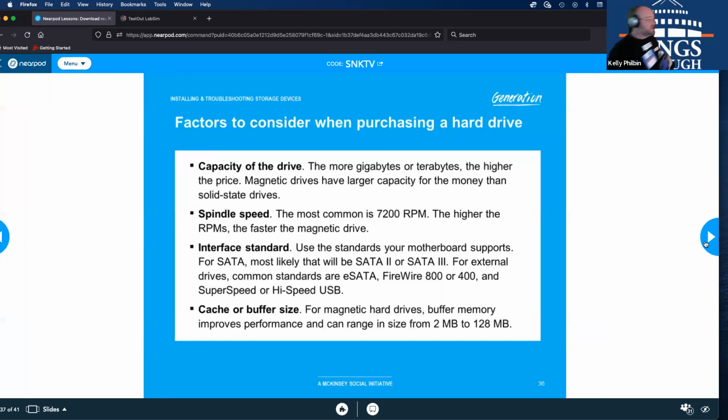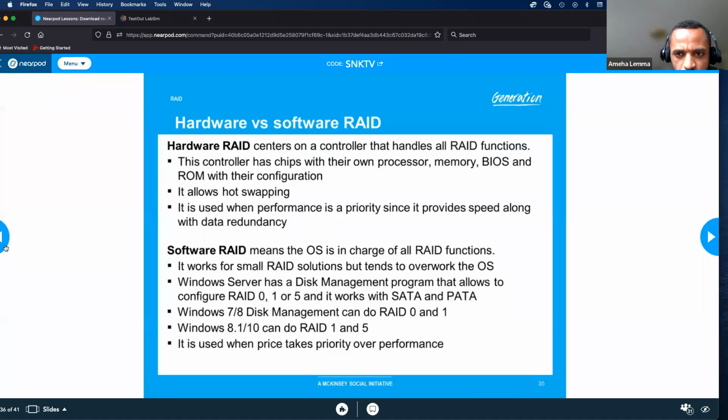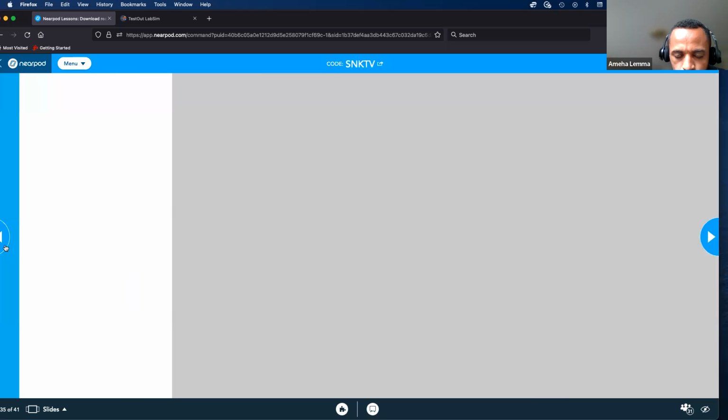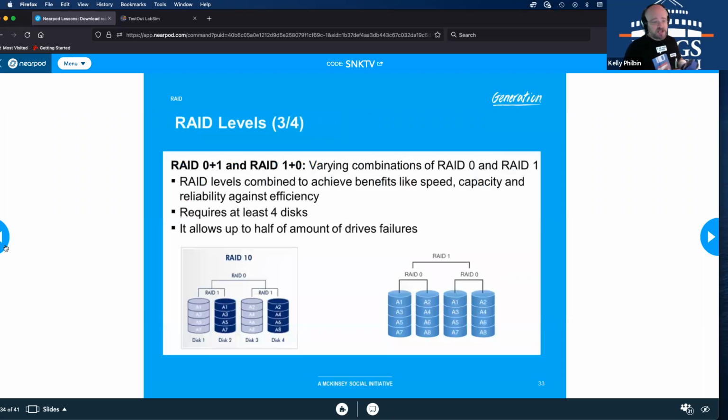All right, so I have a question. The basic difference between the different arrays, is it a single software? If you have four drives sitting in front of you, you can set them up as a RAID 0, a RAID 1, a RAID 5, or a RAID 10.